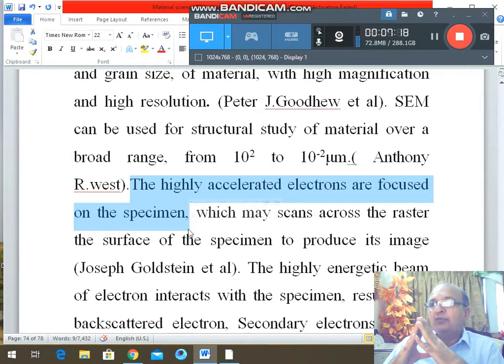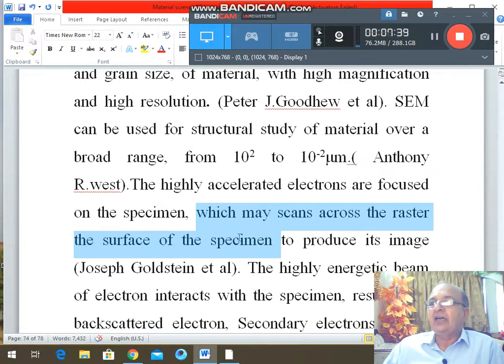So, the more you speed up the electron, the smaller will be the wavelength. When the wavelength is smaller, the resolution is higher, because resolution and wavelength have an inverse relation with each other. So, the highly accelerated electrons are focused on the specimen, which scans across the raster, meaning that they are scanning on the specimen to produce the image.